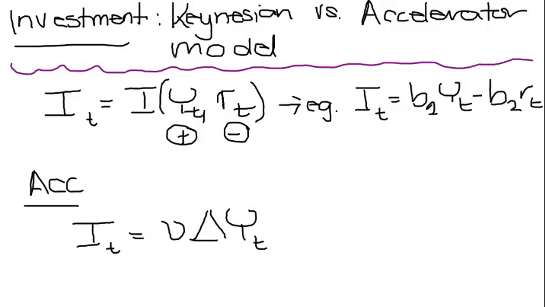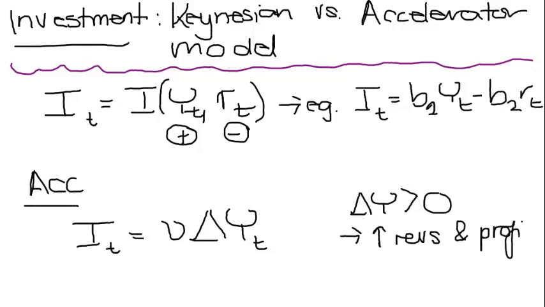The intuition behind this is that investment is mainly driven by firms' cash flows. So when the economy is growing, so delta Y is positive, this increases revenues and profits, leading to firms being able to invest more.